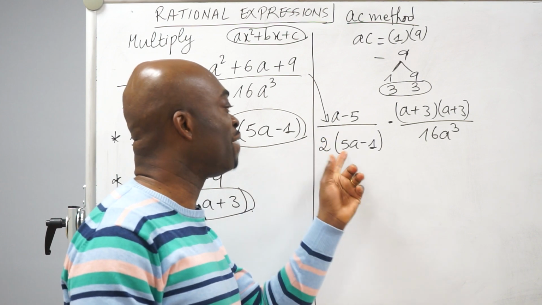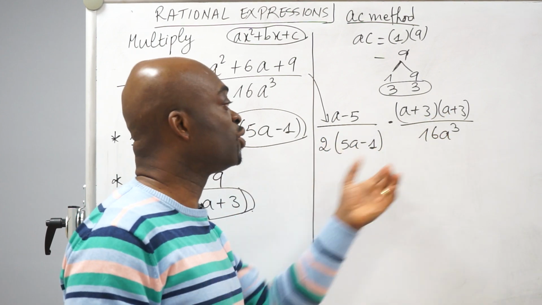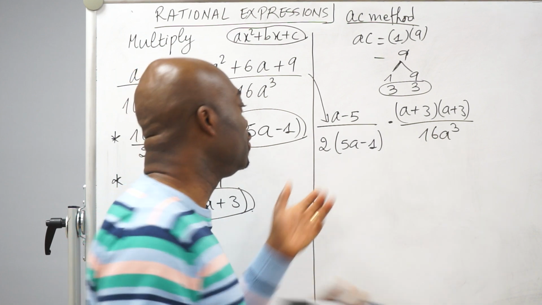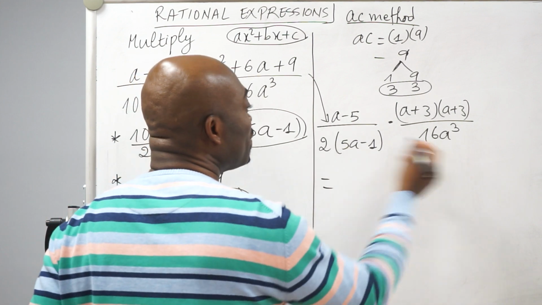We have a minus 5. We don't have a minus 5 here. A plus 3, nothing to do about it. 16 and a to the third, nothing also. So what can we do? We can just put them next to each other and multiply the 2 by 16.